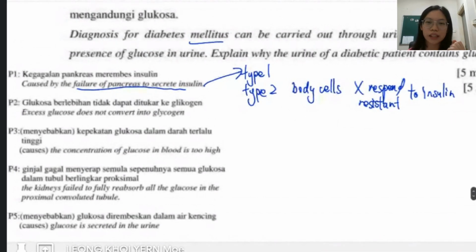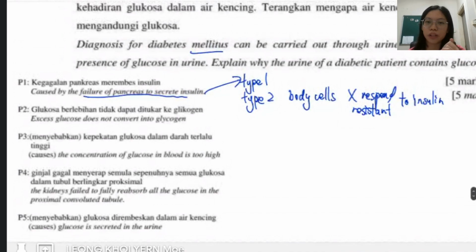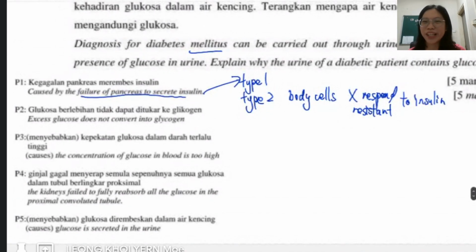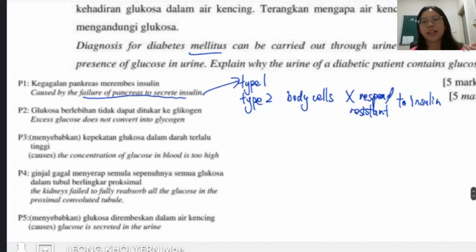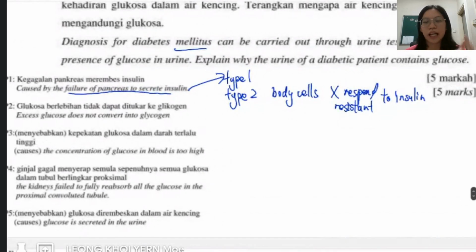Okay, but the answer scheme just mentioned type 1, because it's quite a direct way of answering: a failure of pancreas to secrete insulin. But there's actually another way: a type 2 diabetes mellitus patient is whereby the body cells fail to respond to the insulin effectively. Better to write effectively, not directly fail to respond.